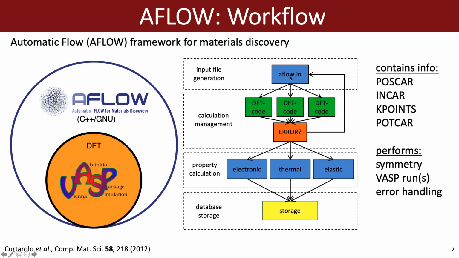So again, this is highly automatic. Once we've had a successful run, we can do some post-processing. We have many different modules and codes that we'll see today that can extract certain properties such as electronic, thermal, and elastic. Finally, all of this is stored in our openly available aflow.org repository for us to disseminate to the rest of the scientific community.